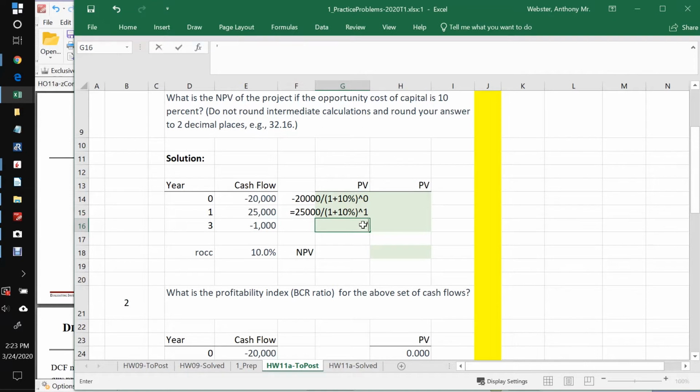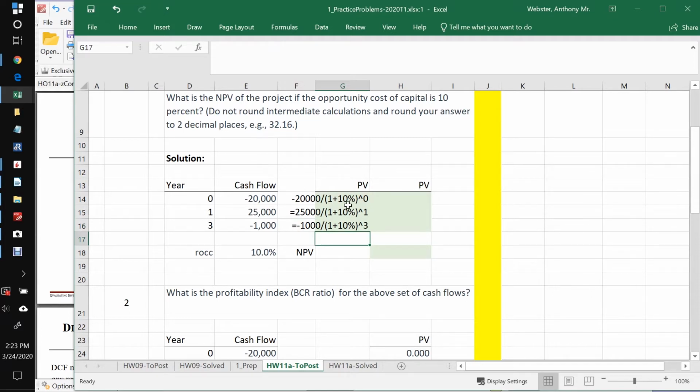Okay, and then for my third one, I have equal to minus 1,000, right? Everything is algebraically correct with the NPV method, so we just rigorously, ruthlessly follow the sign conventions of the cash flows. And I divide that by 1 plus 10%. And remember that this is coming back 3 years because that cash flow happens at end of year 3.